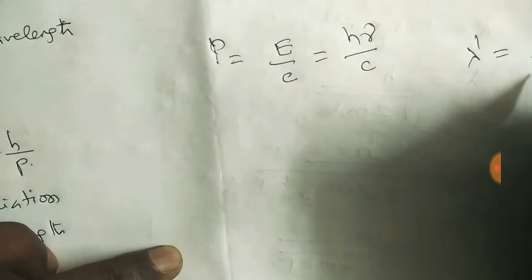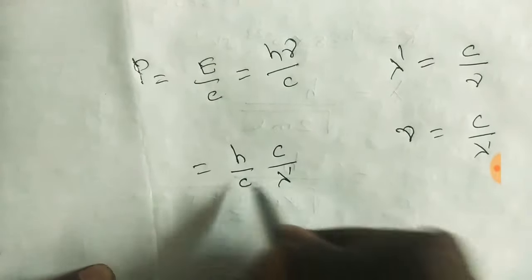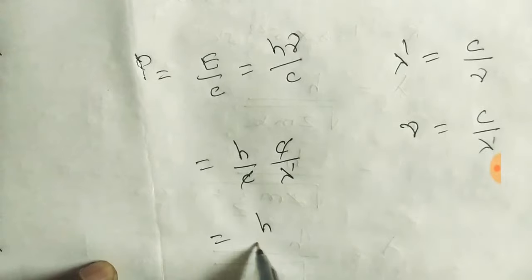We know that lambda dash equal to c divided by nu, so nu is nothing but c divided by lambda dash. Substitute here: h divided by c into c divided by lambda dash. The c will cancel, and we get h divided by lambda dash, which is equal to p.